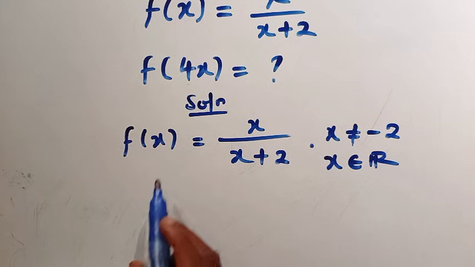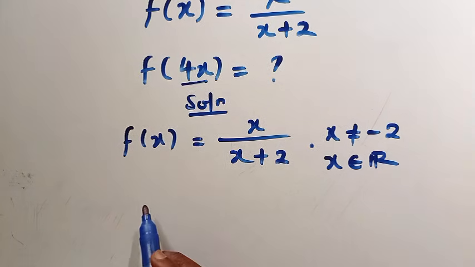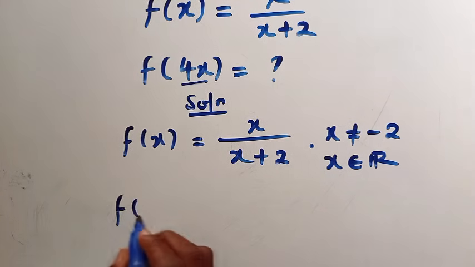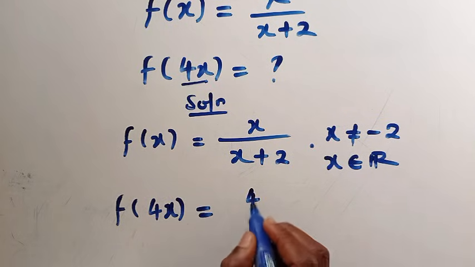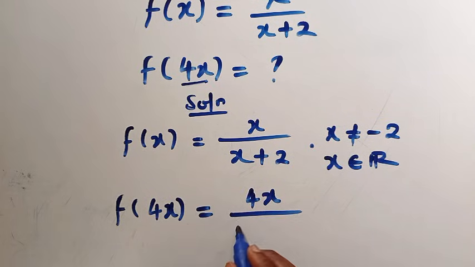We try and substitute directly the 4x that we need into the function f(x). So we have f(4x) equals 4x divided by 4x plus 2.